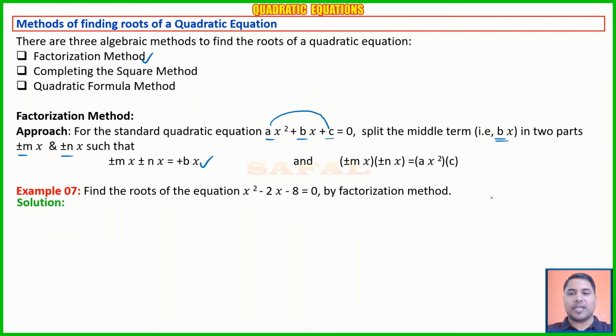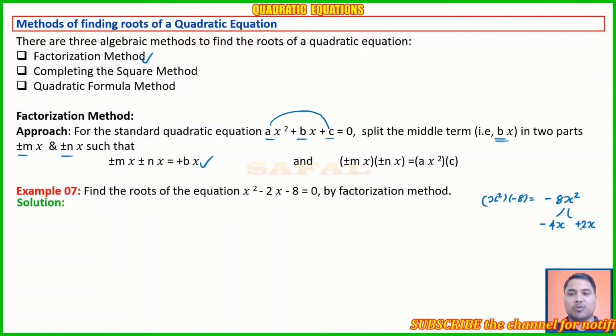If I multiply x square into minus 8, I'll get minus 8x square. Now minus 8x square I need to split in two parts such that the sum or difference of those two parts should be the middle term, that is minus 2x. So the two factors I can take as minus 4x and plus 2x. Why have I taken it as minus 4x and plus 2x?